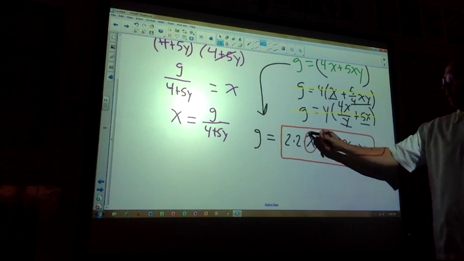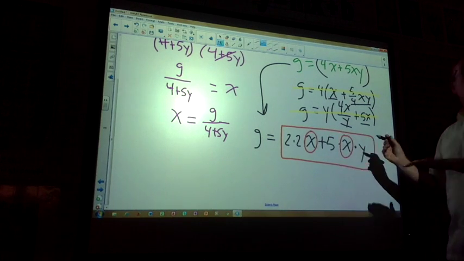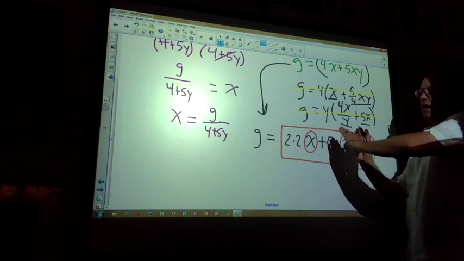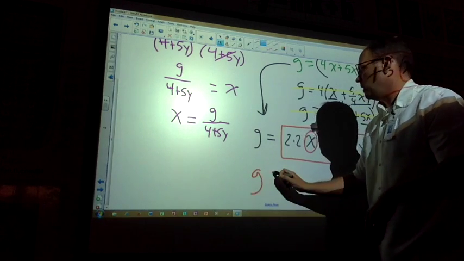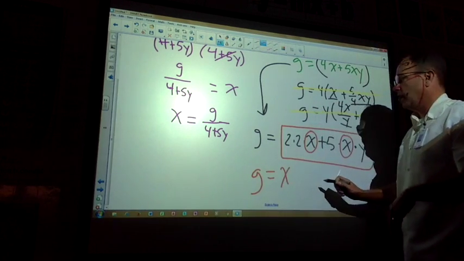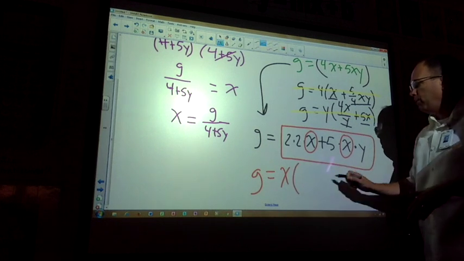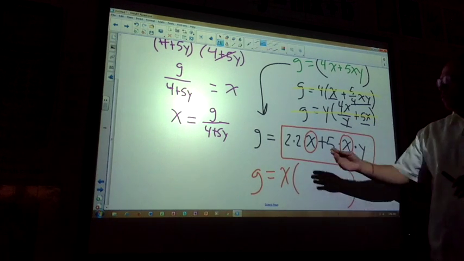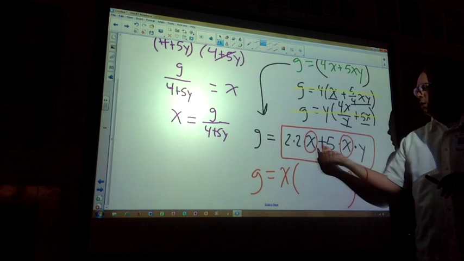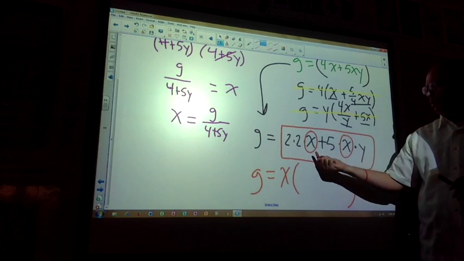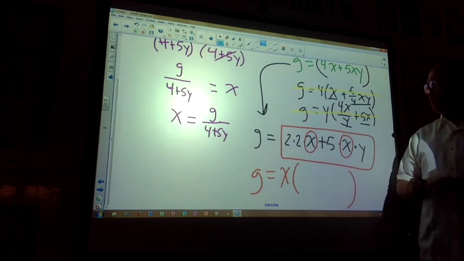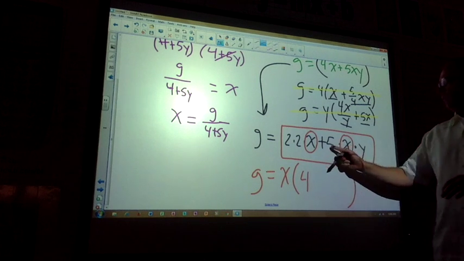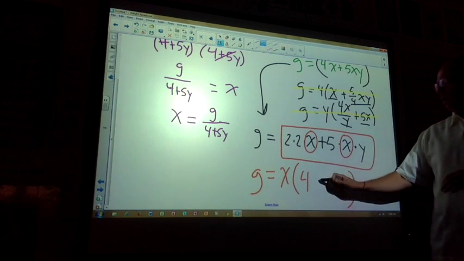X. I have this and this. So now I'm going to take those x's and bring them outside. Now I have to group it because I'm undoing it. What do I have left here? I have a 2 and a 2. What's a 2 and a 2 multiplied? 4. What's a 5 and a y multiplied? 5y.